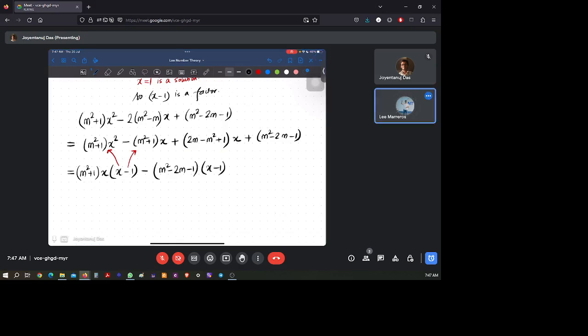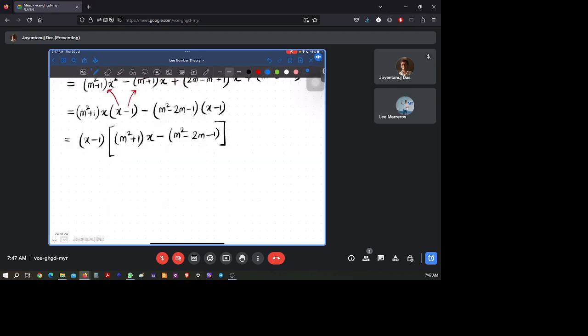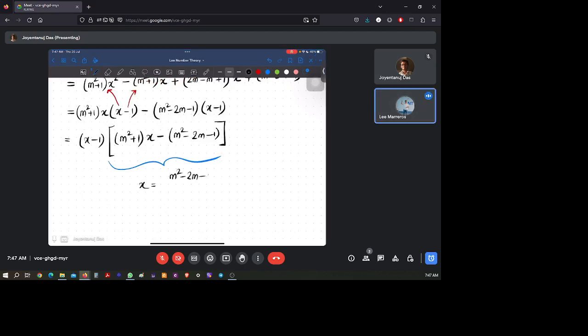So from here, x minus 1 is a factor, and the remaining part gives me the second root. So x equals something over m squared plus 1.